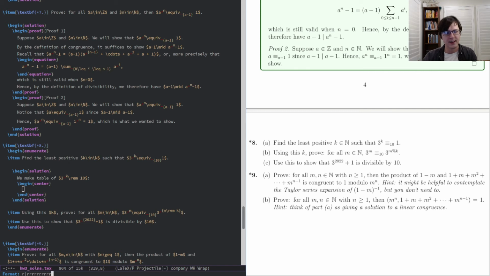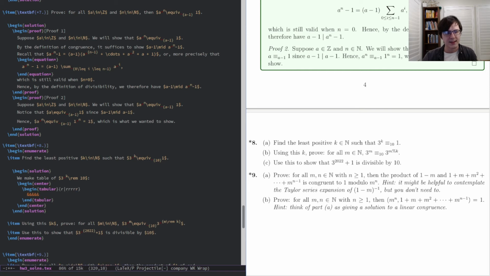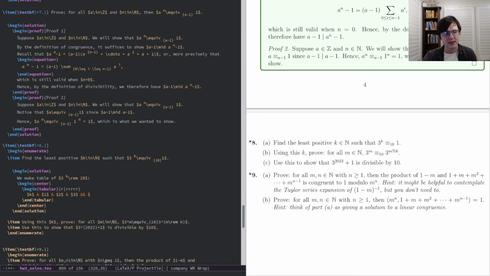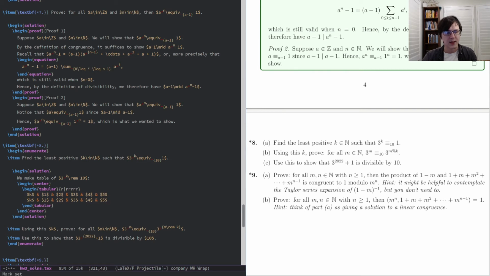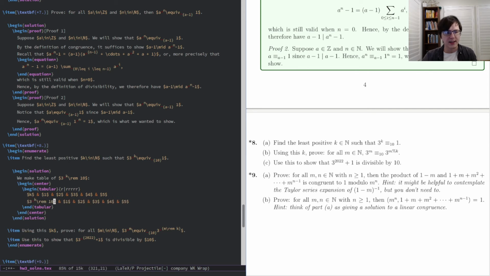We do not need to go that far. Let's go this far. So k, 1, because we're only considering positive k. So that's k, and then we got 3 to the k mod 10.